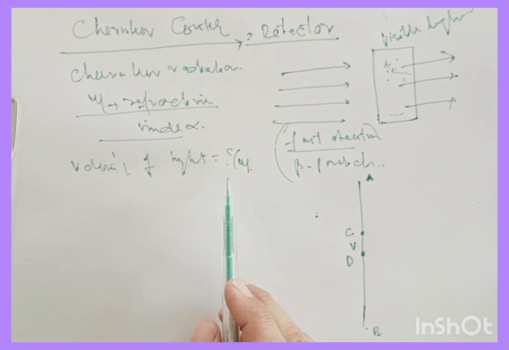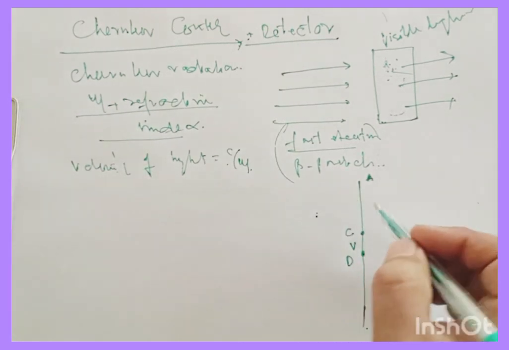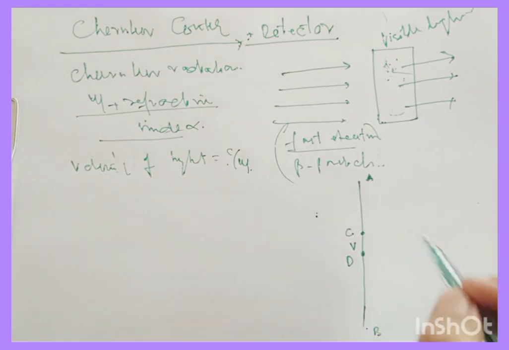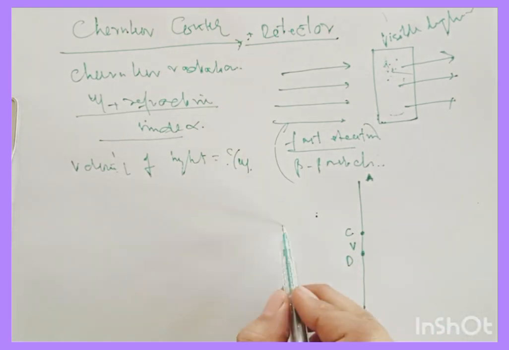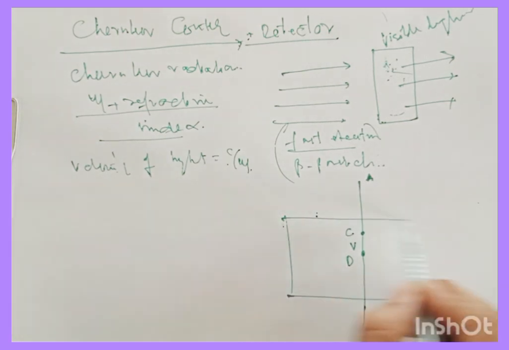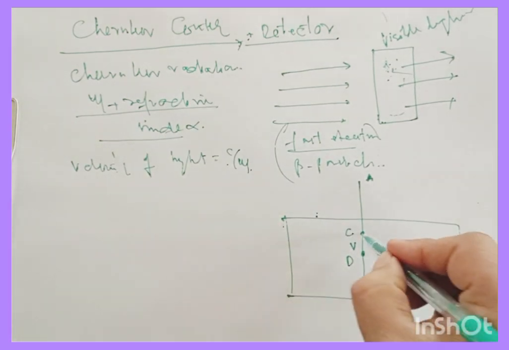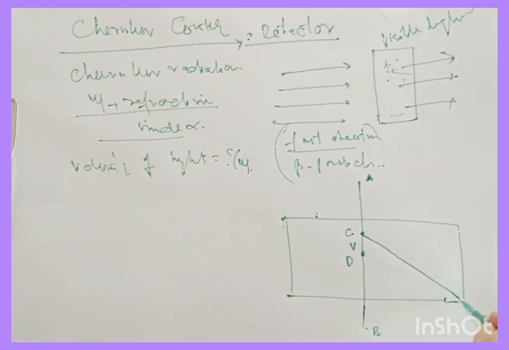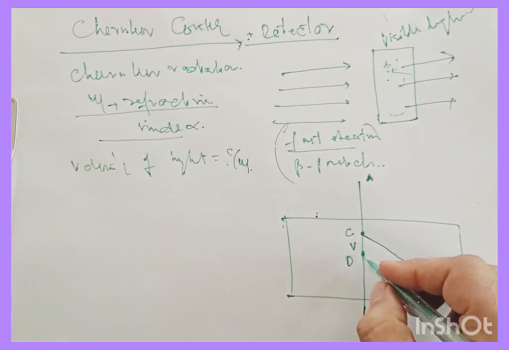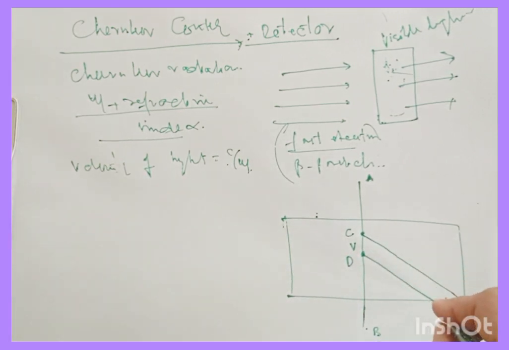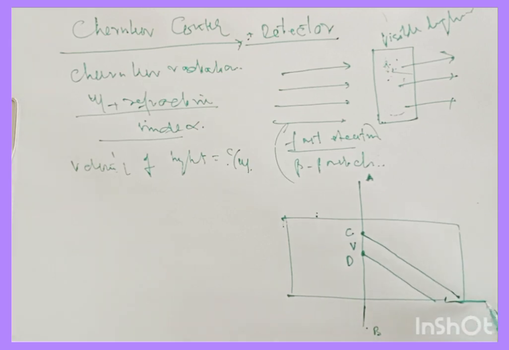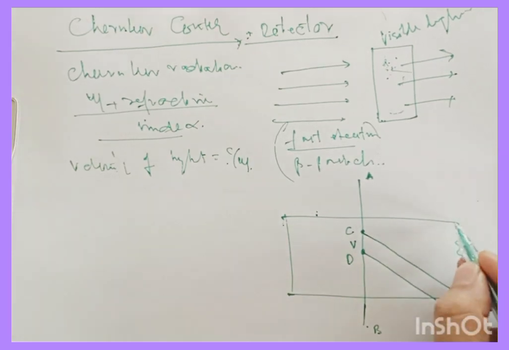Now, if I assume parallel light paths, let me have a geometrical way of doing it. I assume a parallel path from C and a parallel path from D. This is not to be the edge, that should be kept in mind.